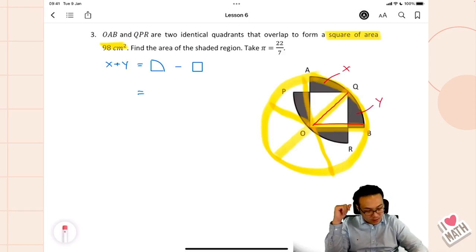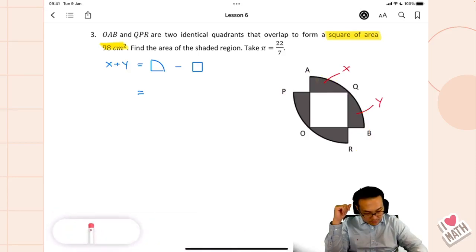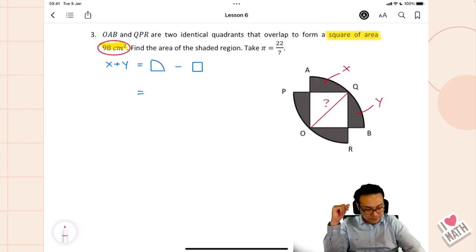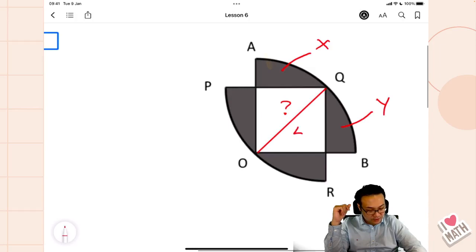Understand? So if I want to find this length here, it is equal to this length here. So everybody, we must try to find this. If I know that the area of the square is 98, if I cut it into half, this is 49. What am I going to do now?